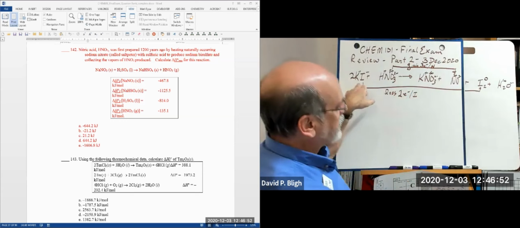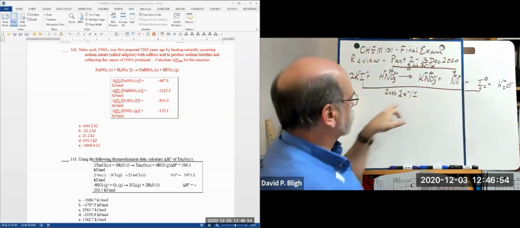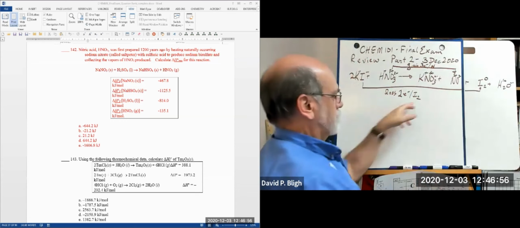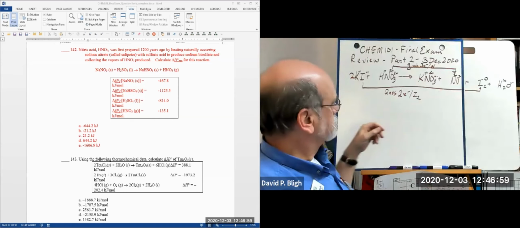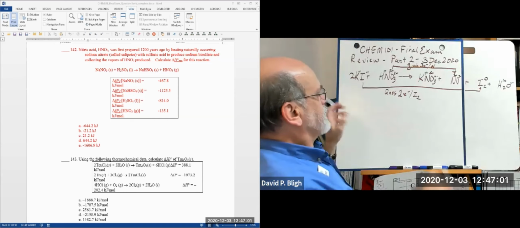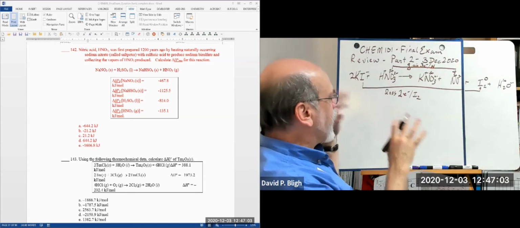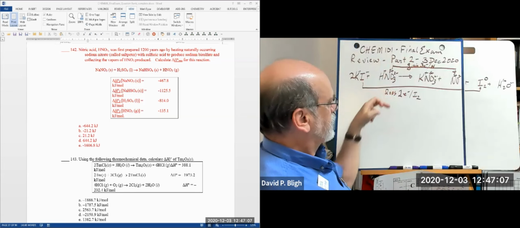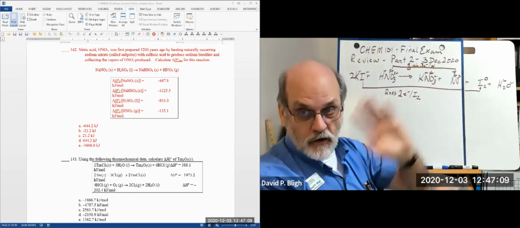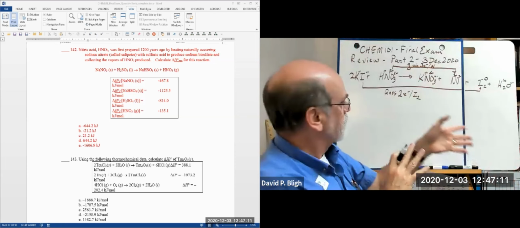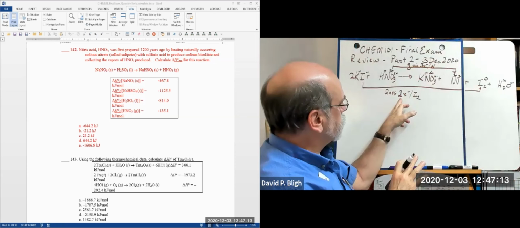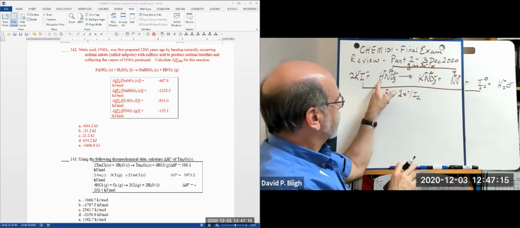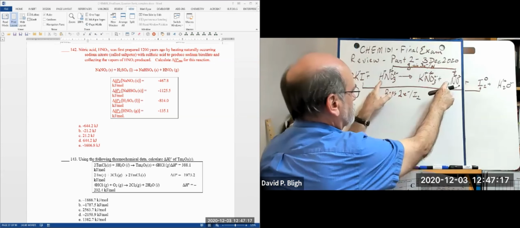Okay, 2 iodines here, 2 iodines there. So 2 iodines per molecule. So now we've got to go from an even to an odd. And the best way to do that is to cross multiply. So we're going to say 2 here times this one and that one.